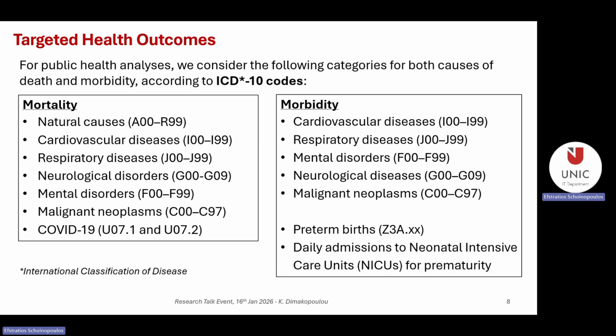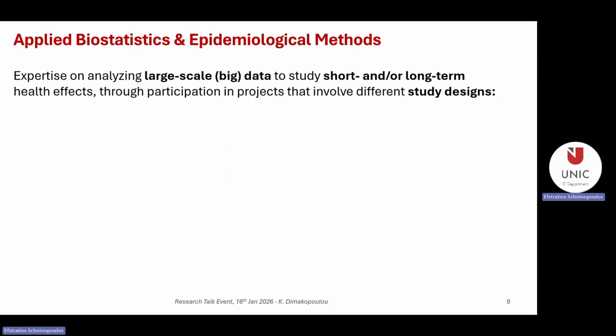Also cancer and COVID-19, which now has its own ICD code. And the same stands for morbidity outcomes, plus preterm births and admissions to neonatal ICU for prematurity, since we said before that all these exposures from embryonic life affect us.